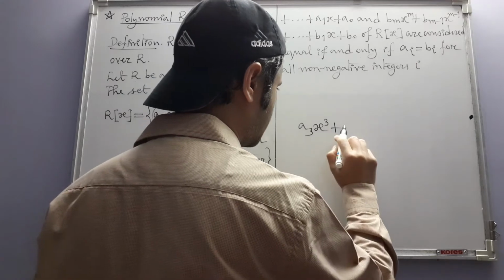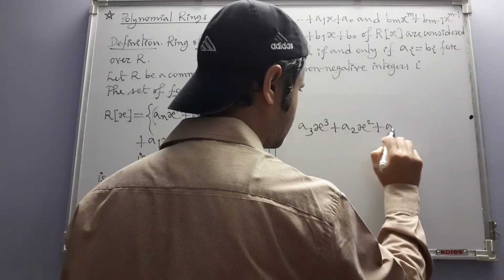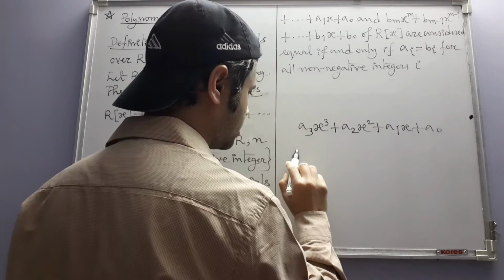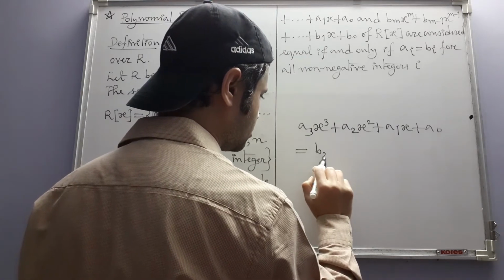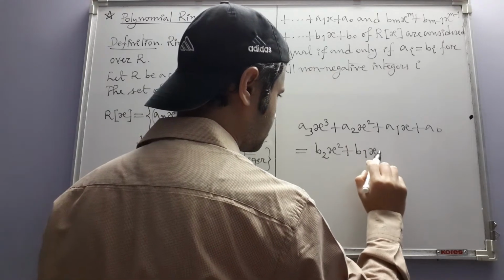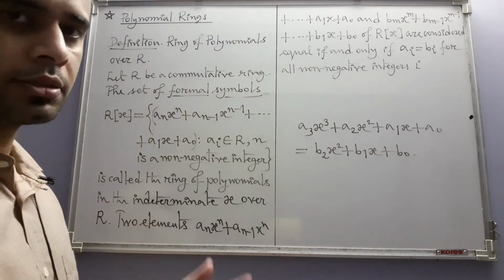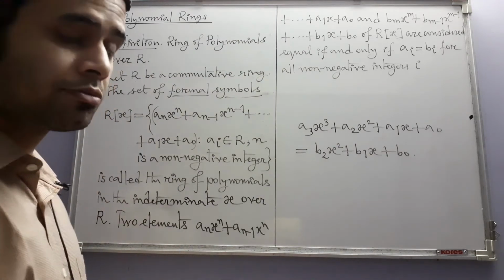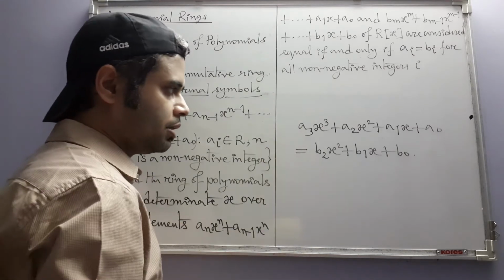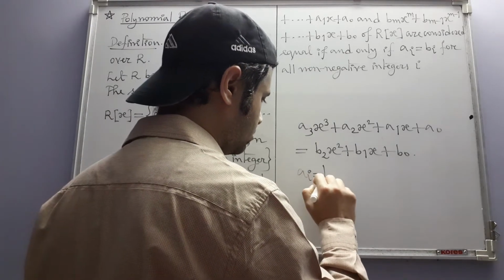If your first formal symbol is this, and your second formal symbol is say this, then according to this convention or this definition of equality, these two will be equal if and only if a_i is equal to b_i.